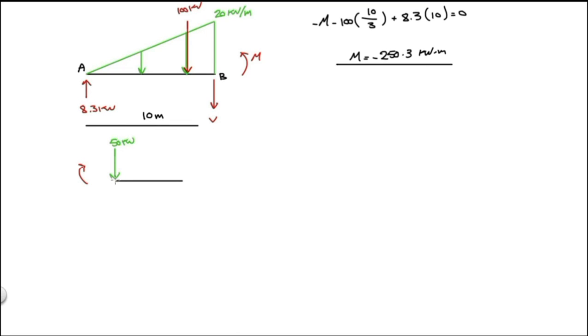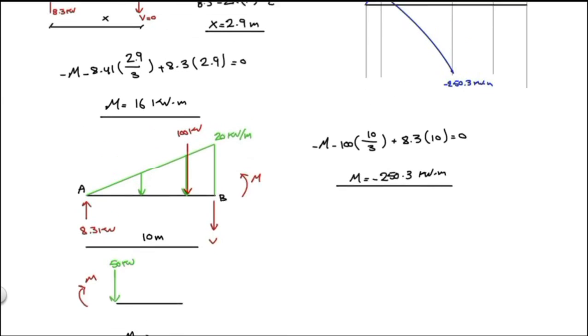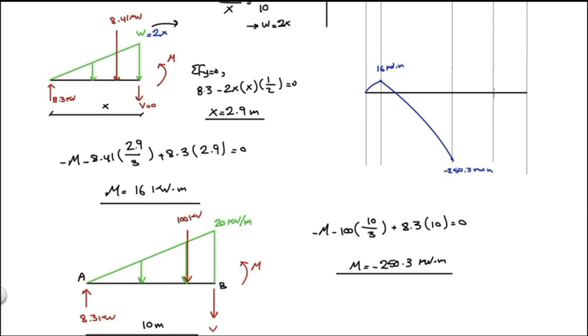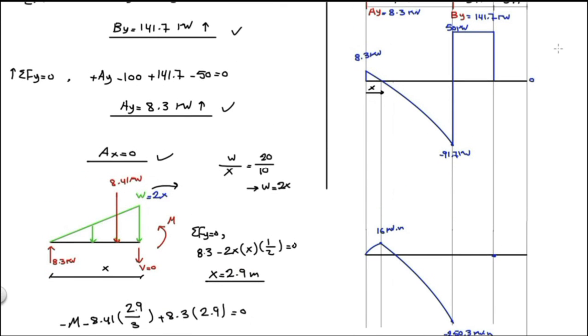So the arm is 0, so the moment is 0. Finally, the moment at this point is 0. And because we have a rectangle here, this will be an increasing slope because this area here is positive.